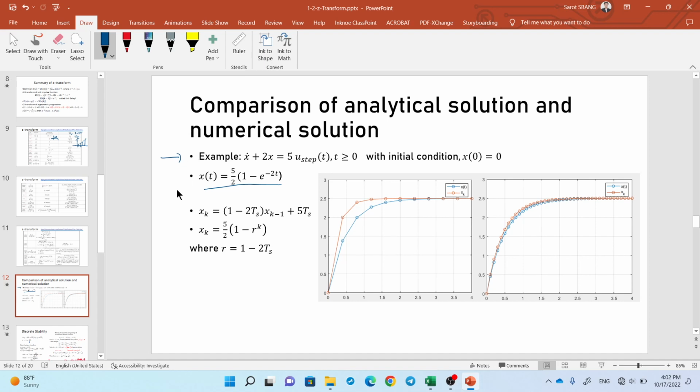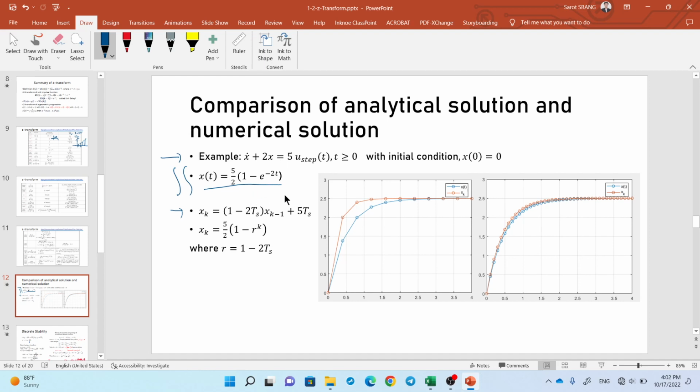Then you approximate it to be these equations. The term approximate means the solution from here must not be the same as here. It can be close, or it can be far, maybe. It depends on how you approximate it.